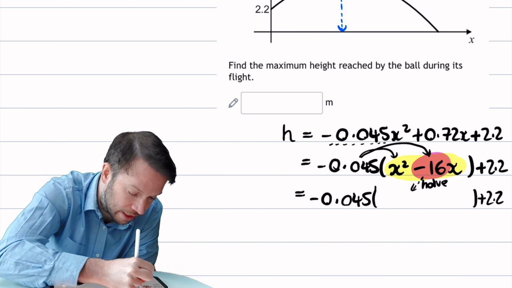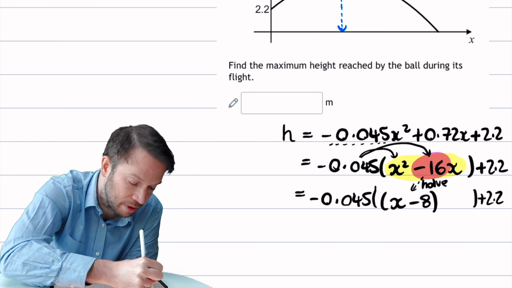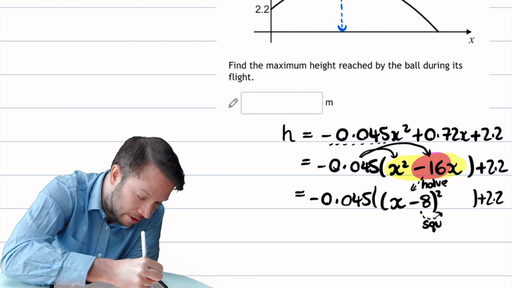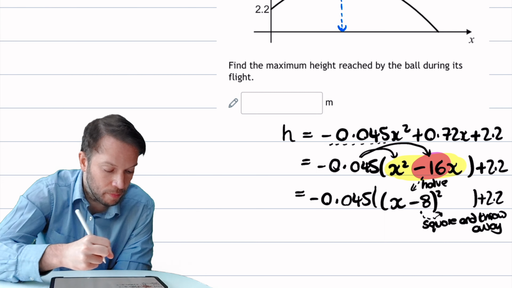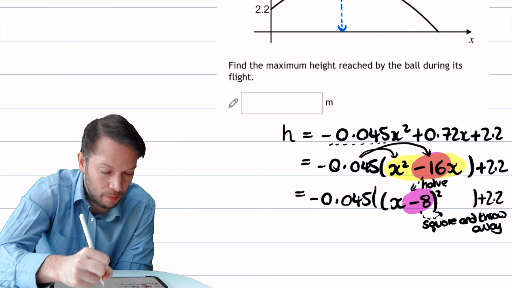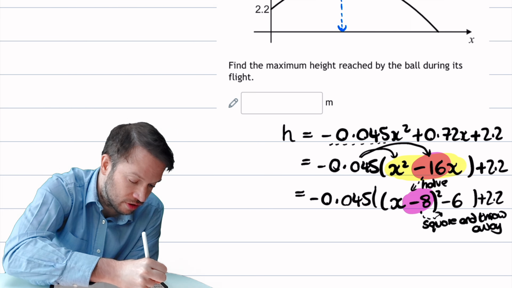So you open a bracket, you write x, then that half number, minus 8, close bracket squared. And then that half number, you square it and throw it away. So the minus 8, you square it and throw it away. So minus 8 squared is positive 64, and then you just subtract it.